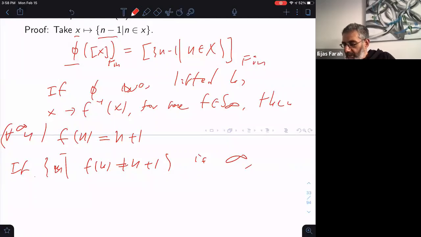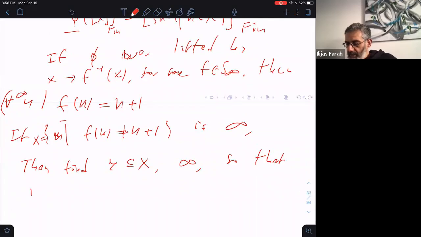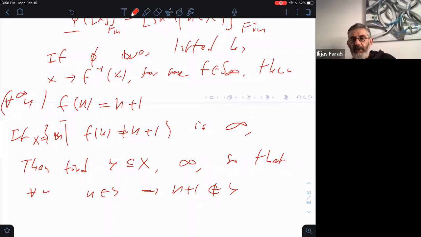Okay, so now my notation is not great here. So if x is this, then okay, we can go to a thinner subset. Let's call it y, a subset of x, infinite, so that for all n, if n is in y, then n plus 1 is not in y. I just want to space it out a little bit to avoid something funny.